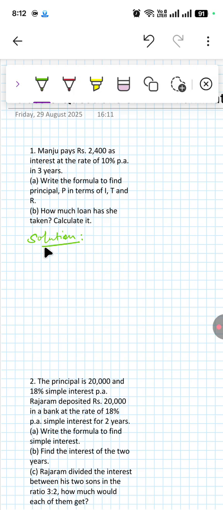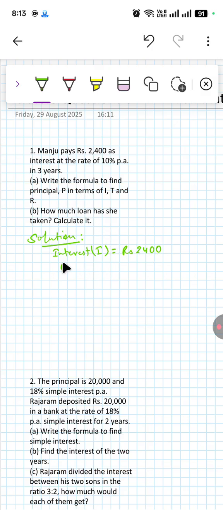So the things given over here is Manju pays rupees 2400 as interest. So that is interest I. We call it Byaj. So interest is rupees 2400.